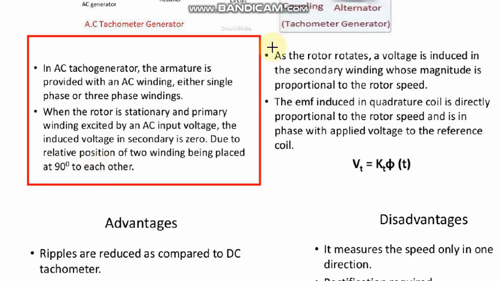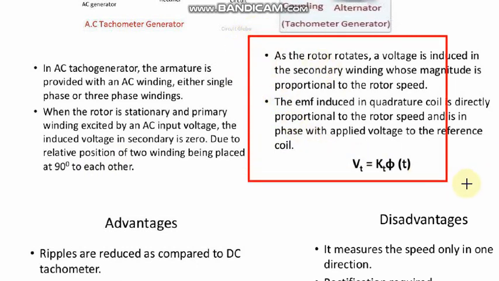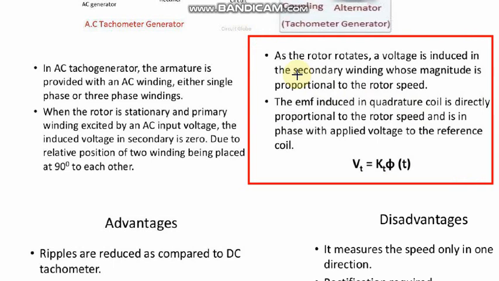Okay, now as the rotor rotates, voltage is induced in the secondary winding. As the rotor starts rotating, this 90 degrees will change to some other angle, and there will be a corresponding voltage in the secondary winding whose magnitude is proportional to the rotor speed.